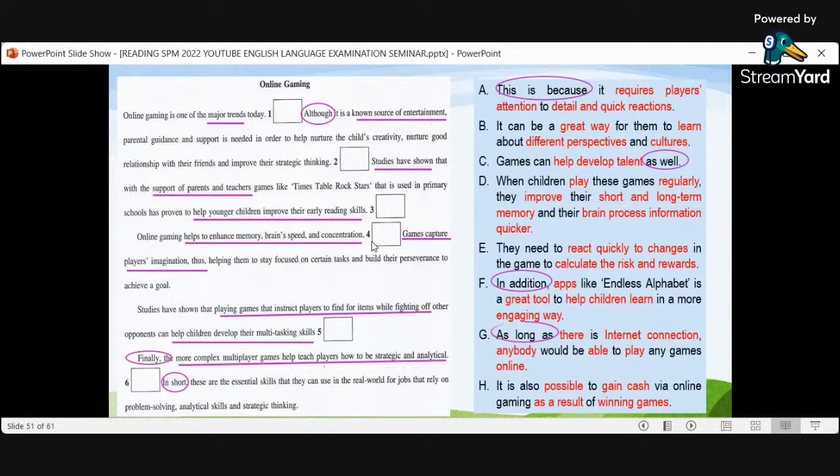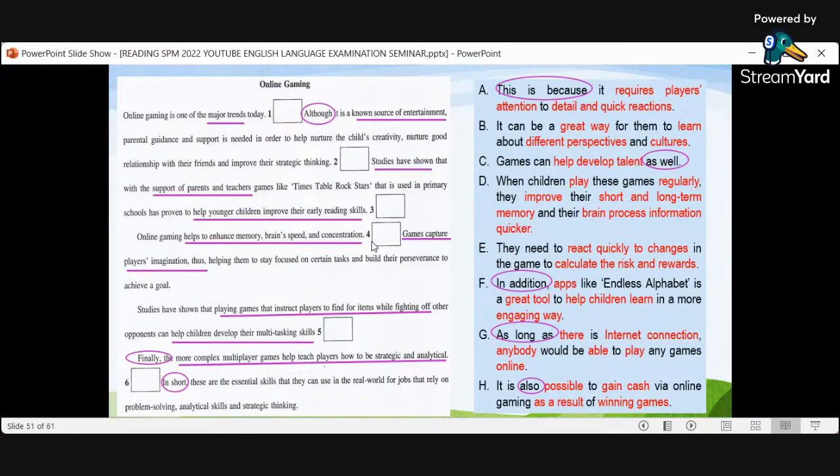I'm looking at the linkers or any connectors to tell me when you want to put in the sentence, this is because this is talking about something before that and explaining. All right. As well, for C is to show a continuation, what games can do also. F, in addition, that means extra information. Okay, and then G, as long as, and also, right? So, got the answer there.